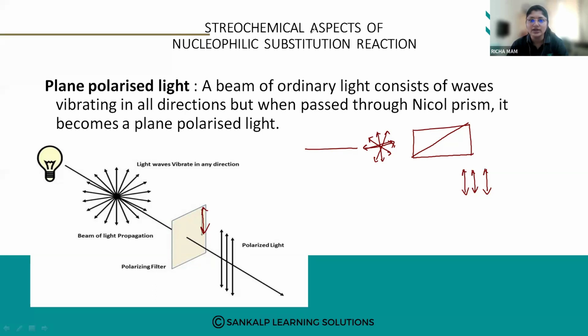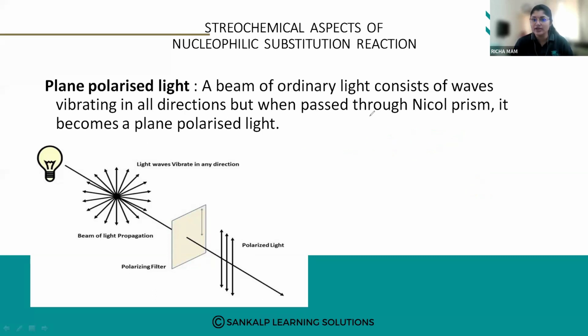This is called plane polarized light. So we are taking an ordinary light and passing it through a nickel prism, and whatever waves are vibrating in all the directions are made to vibrate in one possible manner. So this is about plane polarized light.